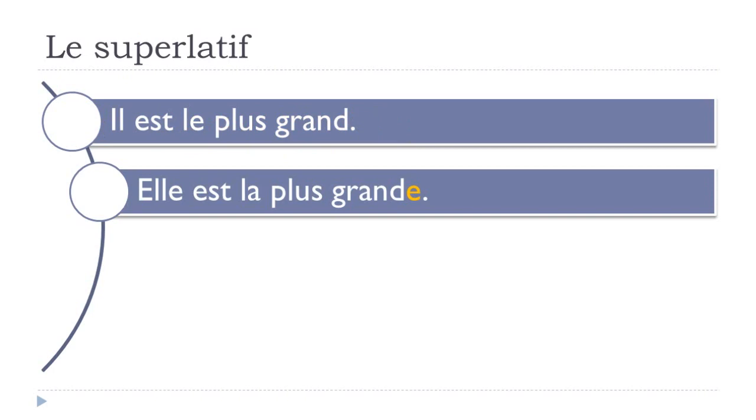If you have a look at the feminine form, it's quite interesting because you've got elle, so she. Elle est la plus grande. The first thing that we've got to see is that we will use this la, because it's the feminine form, singular, feminine, so la. Plus doesn't change. And have a look at your adjective, grand.